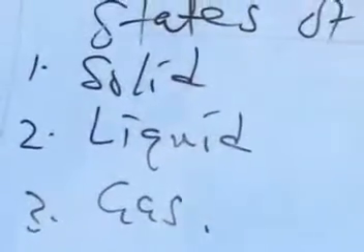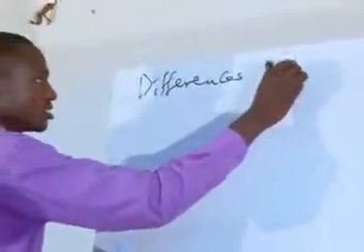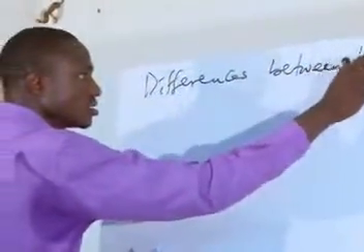As a student of chemistry, it is very essential for you to be able to distinguish between these three states of matter. So we are going to look at the differences between them in terms of some major properties.